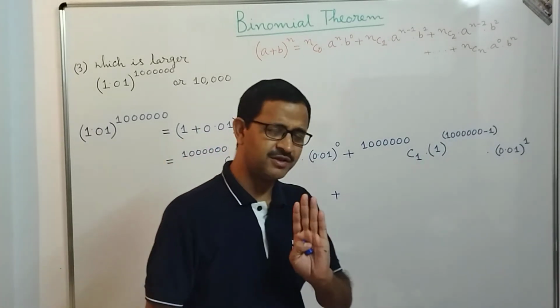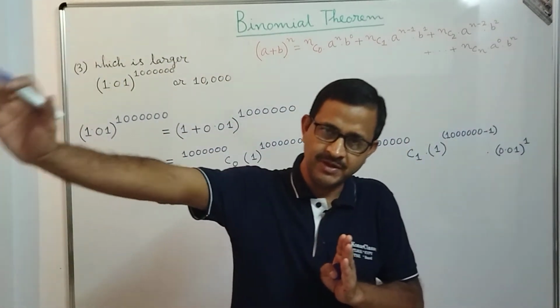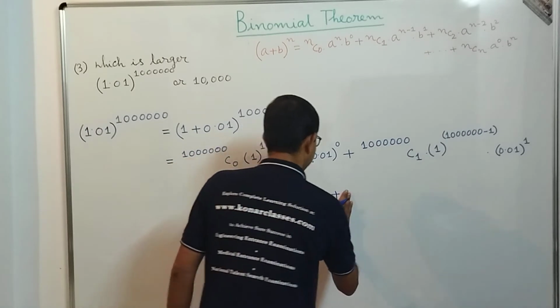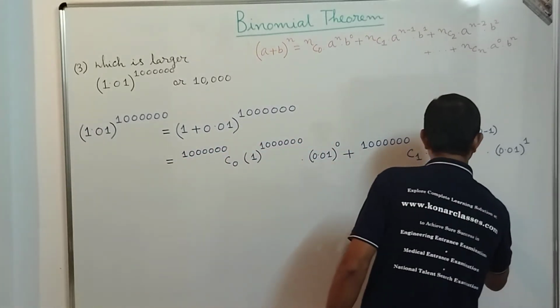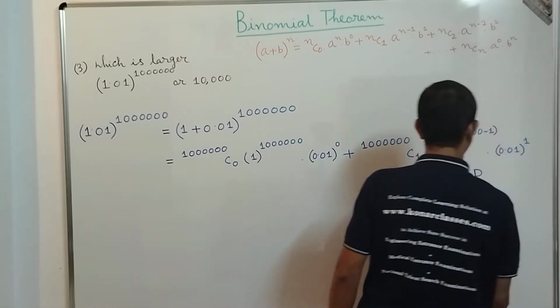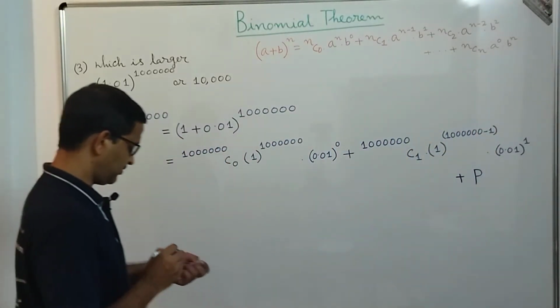But one thing we understood, whatever those values will be after the expansion, it is a positive term, right? So what we can write here is that what we are going to get is a positive term. Suppose we define that positive term as P. I repeat, dear students, once more.